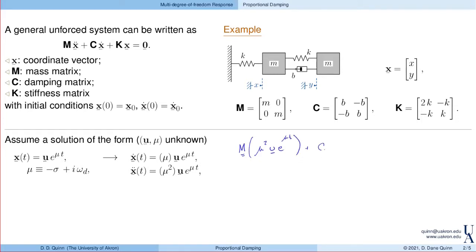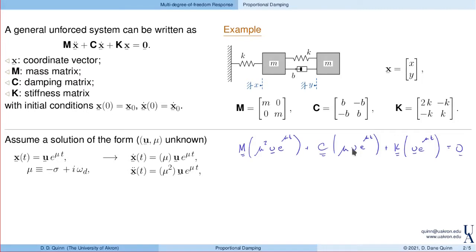We'll have a damping term, so that's c times mu times u e to the mu t. And then finally the stiffness, k times u e to the mu t. And again, there's no forcing, so this will be equal to 0.